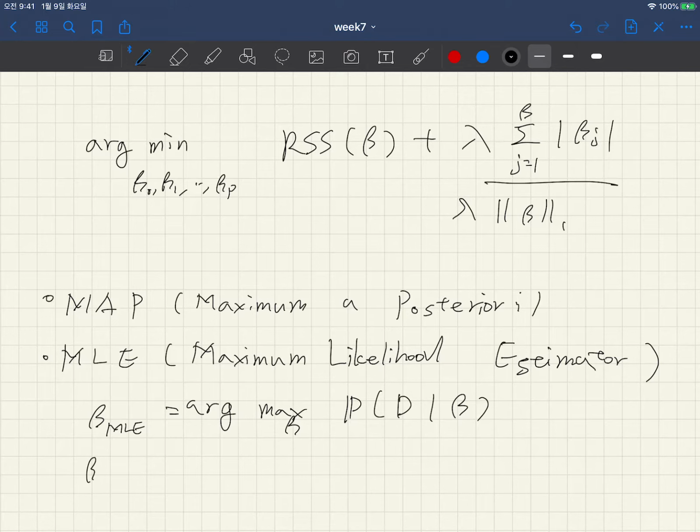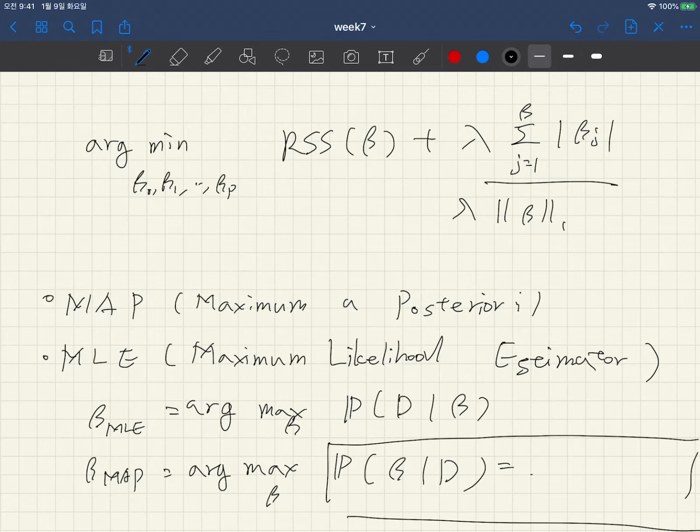But MAP is the process of finding the parameter beta that maximizes this conditional distribution: the probability of parameter beta for a given observation D. And again, from the Bayes rule, this part is equal to the probability of the data for a given parameter times the probability of your parameter, over the probability of your data.